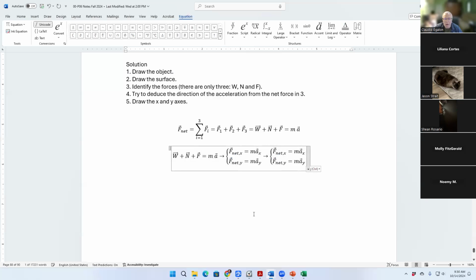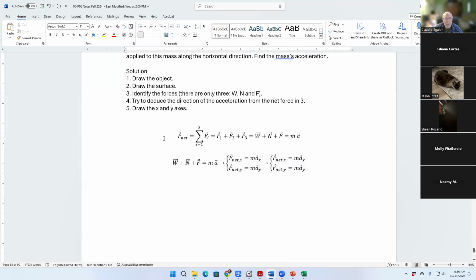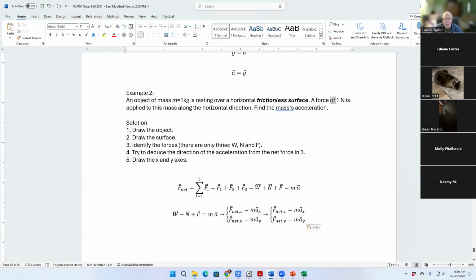The force along the x direction is just the force F. Force of 1 Newton. Okay. So I'm just going to put F here. The force along the y direction is going to be the weight and the normal. Okay.